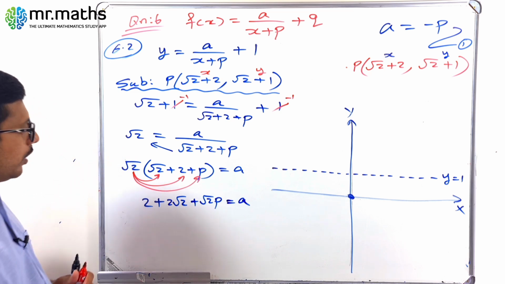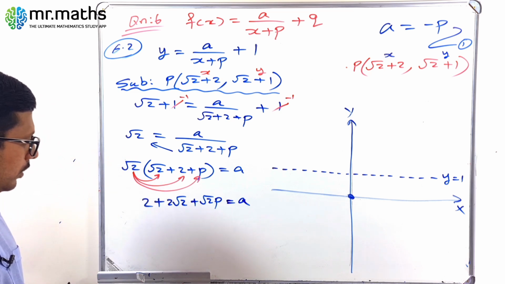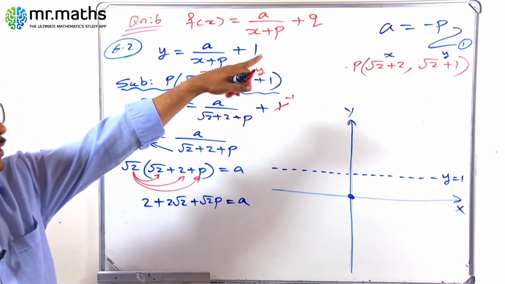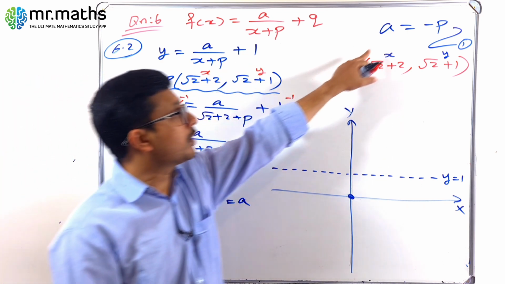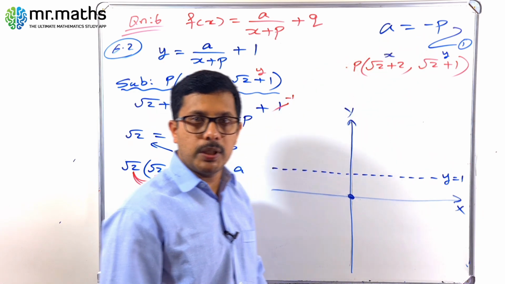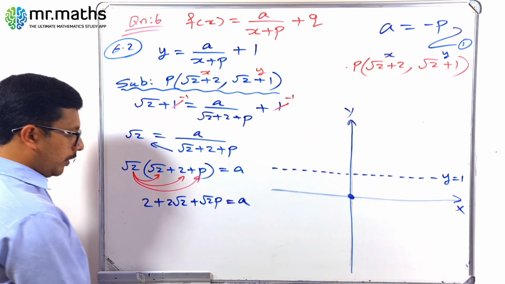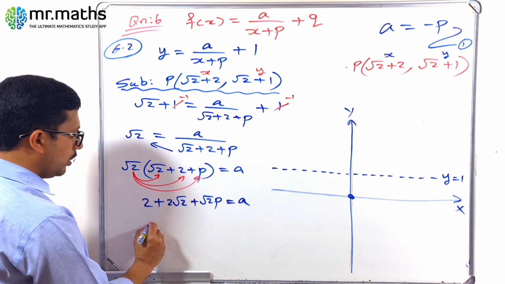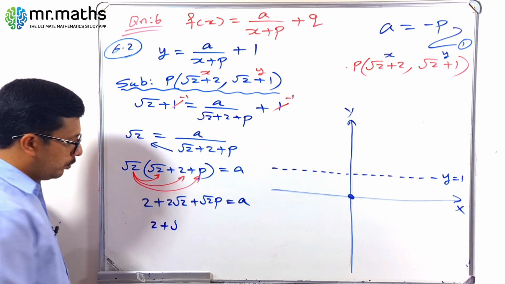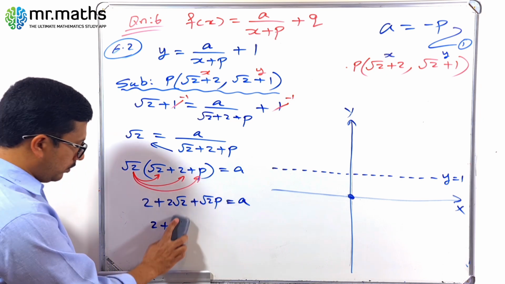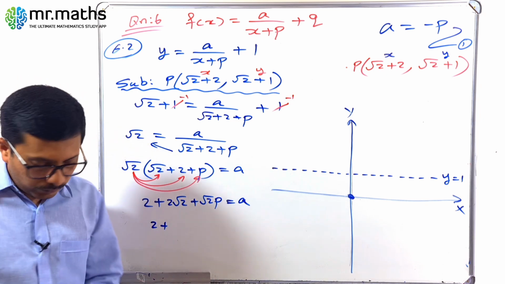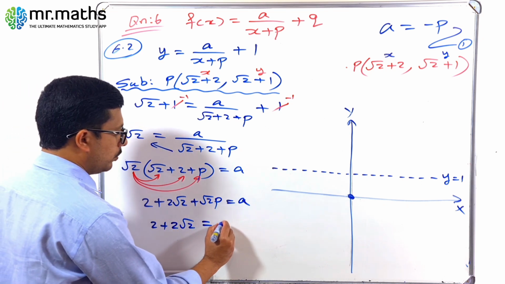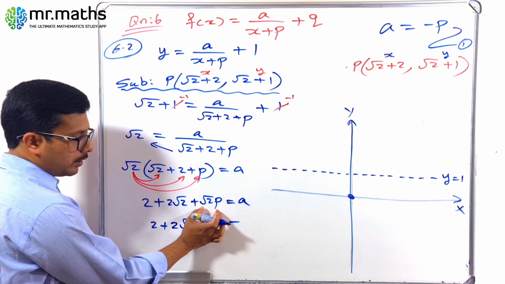So now what you have to do? We have 2 plus 2 root 2 plus root 2 p is equal to a. Can you see that in the previous step we got a is equal to minus p? So take this root 2p to the other side. So 2 plus 2 root 2 is equal to a minus root 2p.